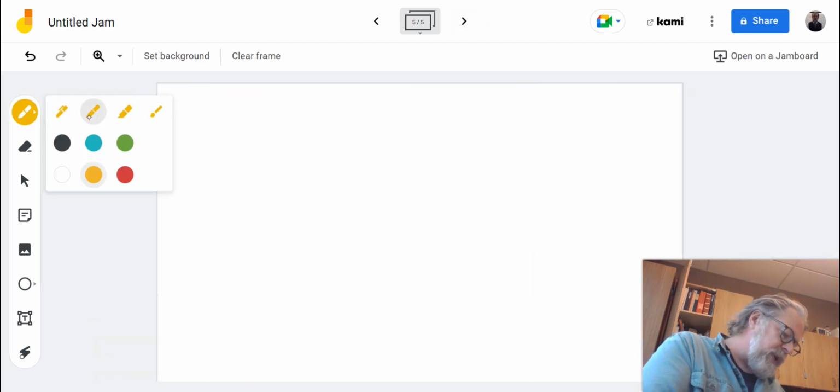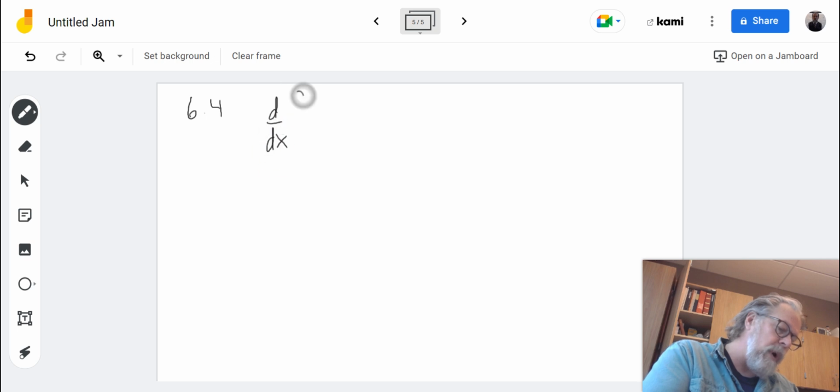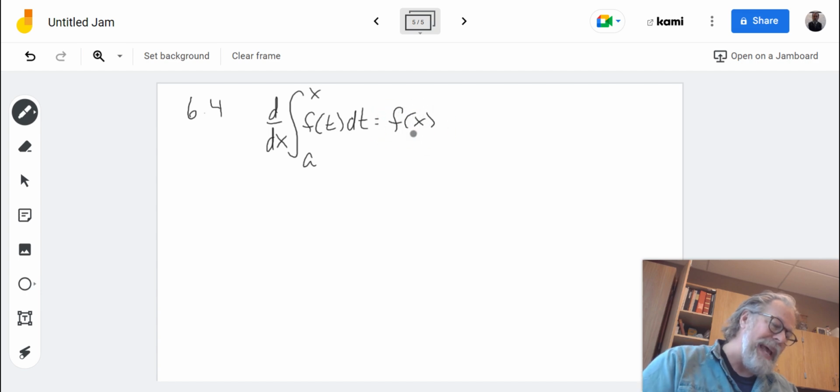Okay, section 6.4 in our book, what do you need to know? The fundamental theorem of calculus. There are two parts. The derivative of an integral from a to x is equal to the original function at x. That's the first part of the fundamental theorem.